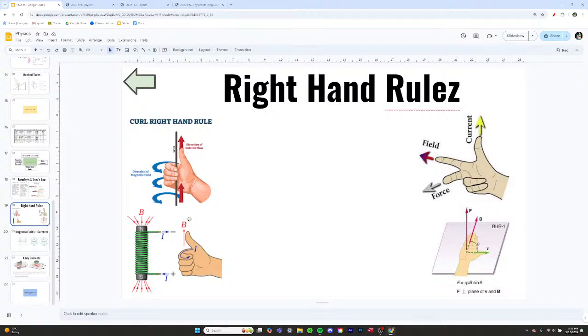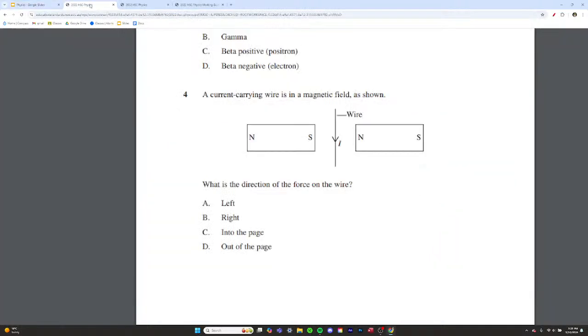Thumb points to north, doesn't it? What? Thumb points to north. Oh wait, yeah, into the page.